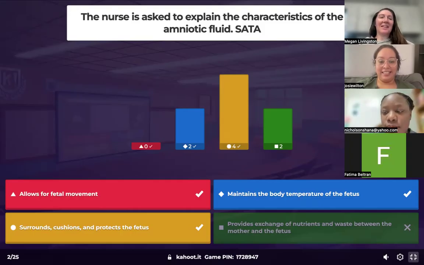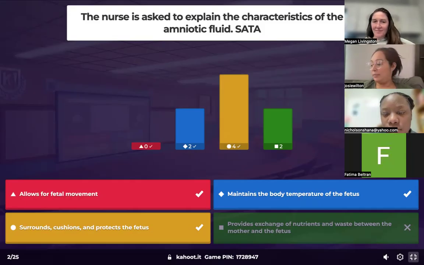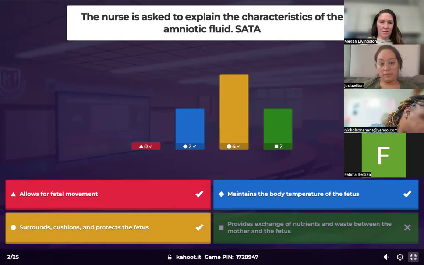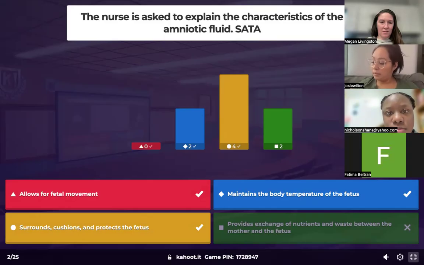For allowing fetal movement, the amniotic fluid is basically the cushion that the baby moves around in whenever they're in utero, right? So it gives them a lot of movement and cushion around them that protects them. That's the same with the answer that surrounds, cushions, and protects the fetus. Your amniotic fluid is also responsible for maintaining the body temperature of the fetus.